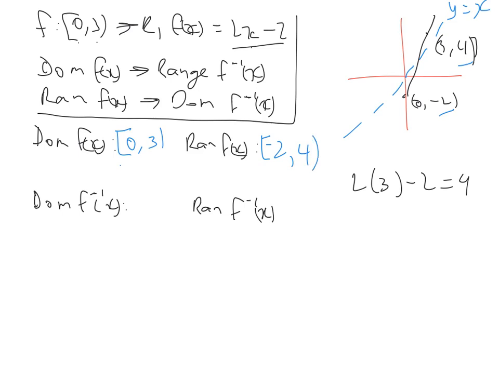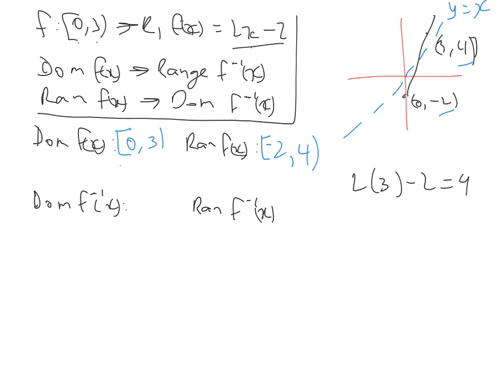Now we have a look at this information we've got here, which tells us that the domain of f(x) becomes the range of f^-1(x), or the inverse, and that the range of the original function becomes the domain of the inverse. So to find the domain of the inverse, we look at our range.